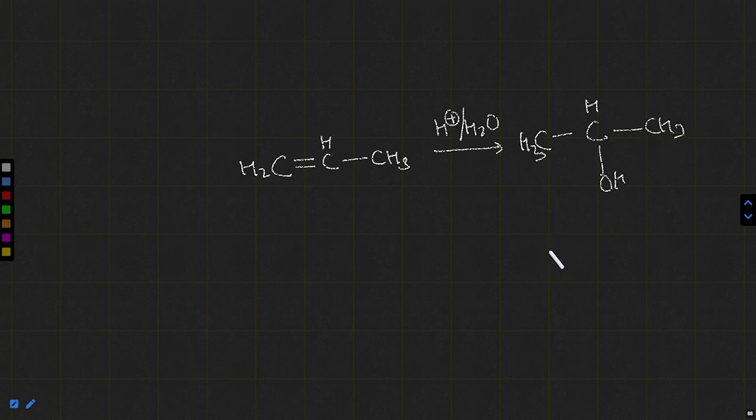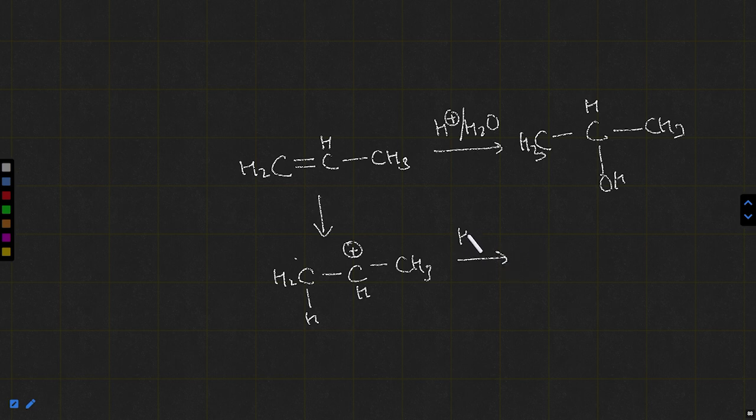So is this clear? How would it have taken place? First of all, protonation would have taken place, right? So after protonation, we will get this thing, H with a positive sign. This H will go here such that it results in a positive sign on the secondary carbon, because secondary carbocations are more stable.